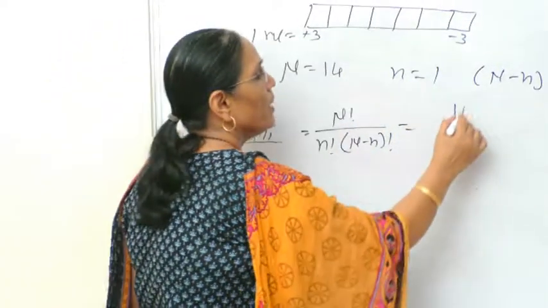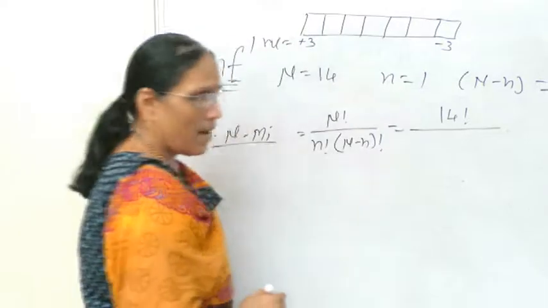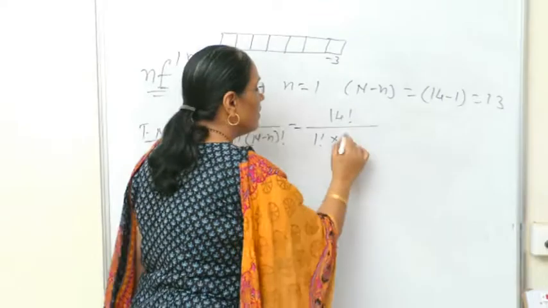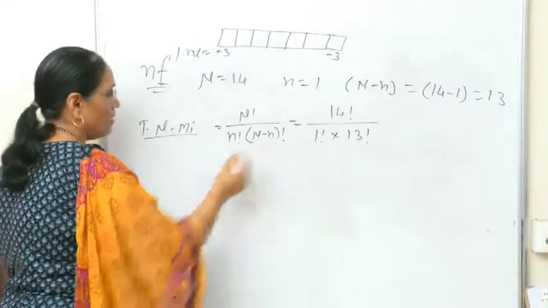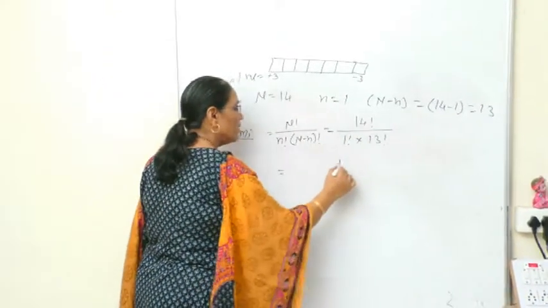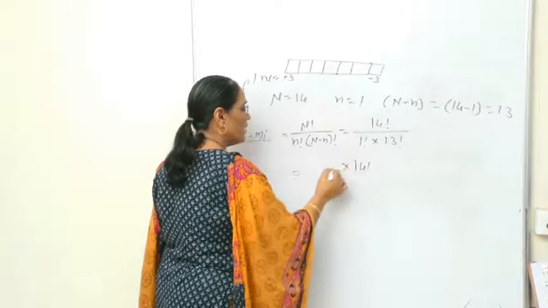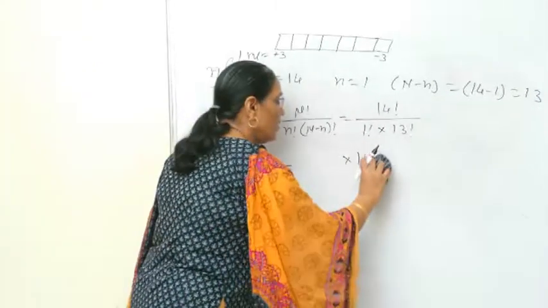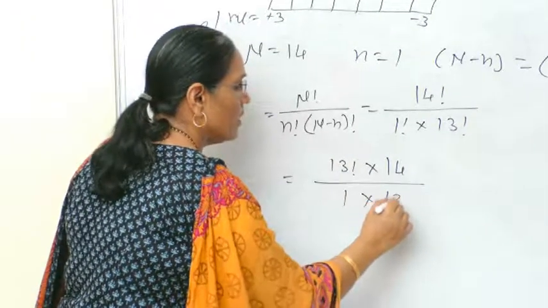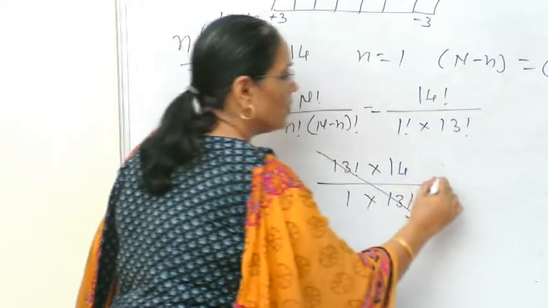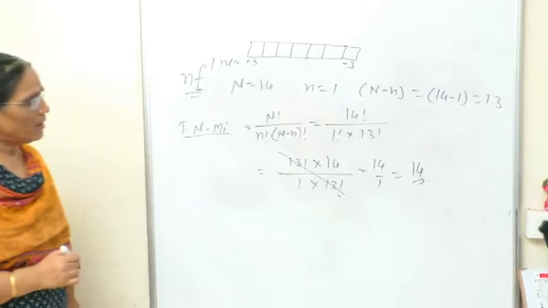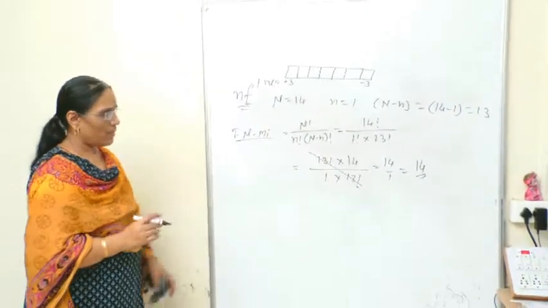Capital N is 14, so 14 factorial by small n 1 factorial into N minus n, 13 factorial. So in the denominator there is 13 factorial, so the 14 factorial can be split as 14 into 13 factorial. So 1 into 13 factorial cancelled. So 14 microstates are possible for a single electron in f orbital.